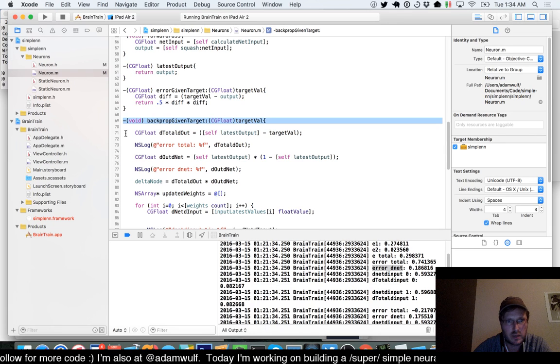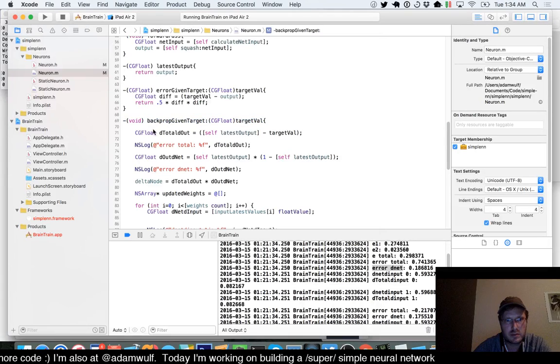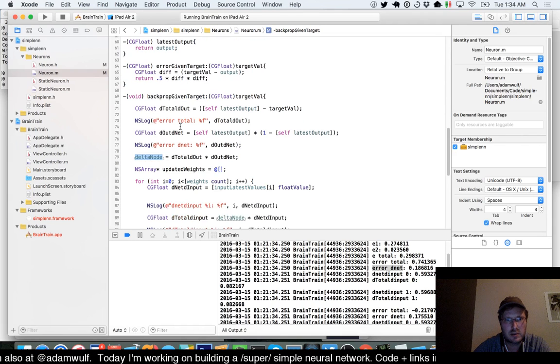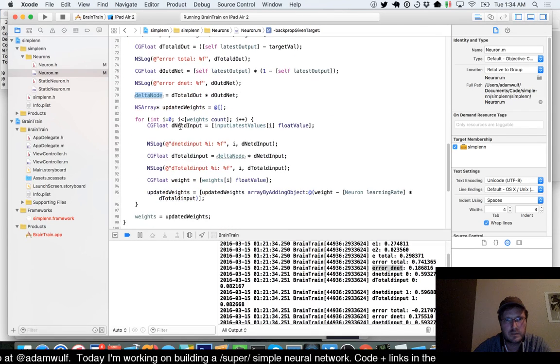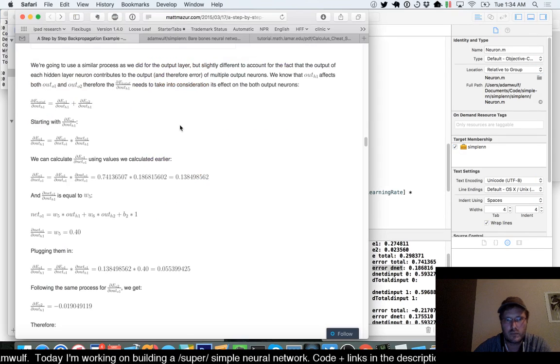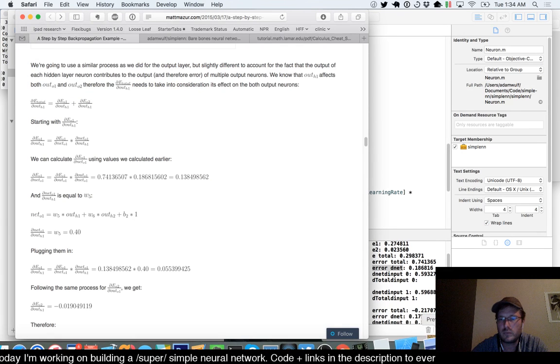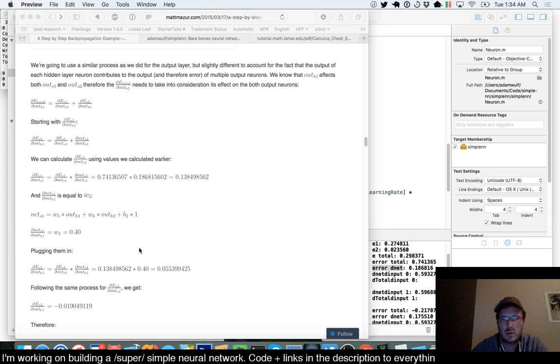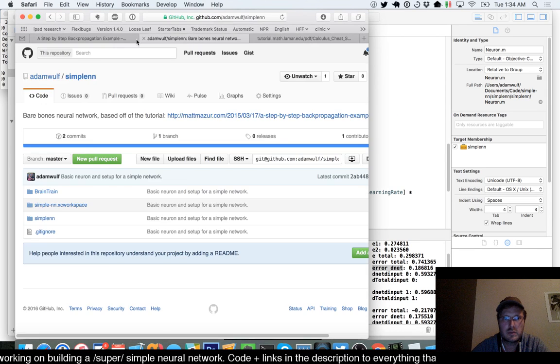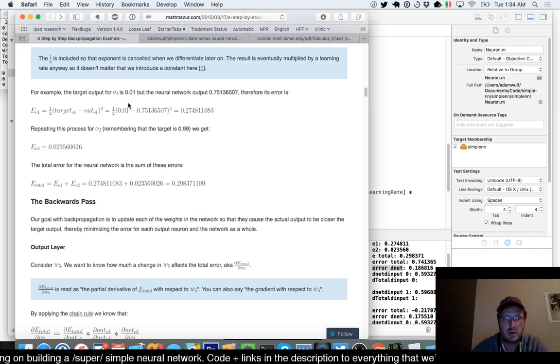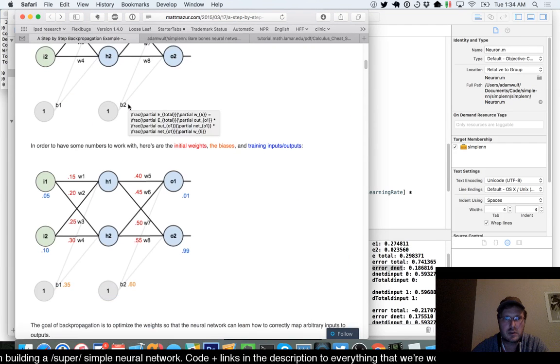Backprop given target, right? So the target is, I think I need to do backprop given delta node, I think, right? I want the other one. I want, oops, I want this one.